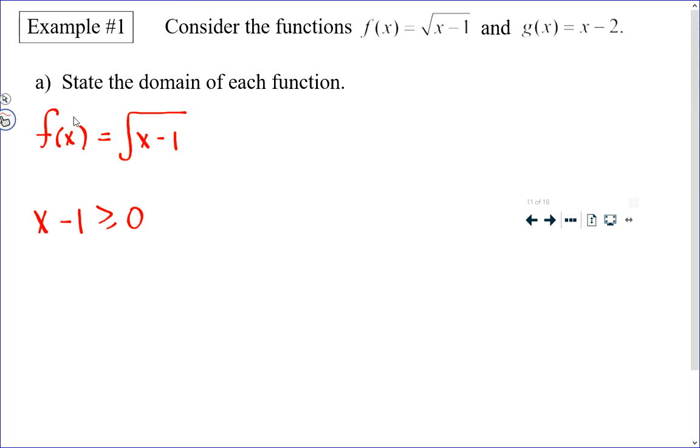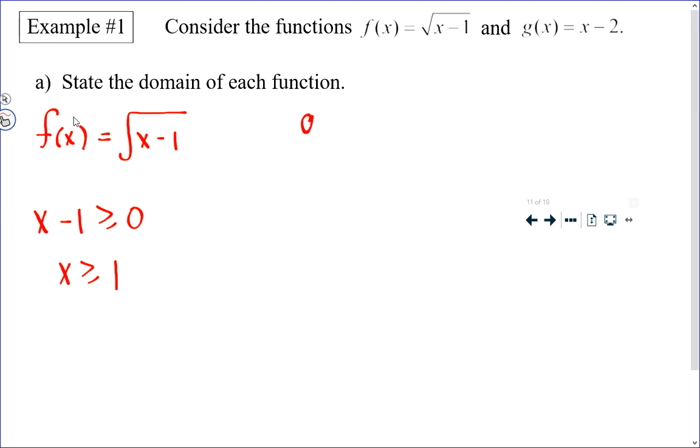You cannot take the square root of a negative. You can take the square root of 0 and you can take the square root of a positive. So we can rearrange this for x and get x is greater than or equal to 1.